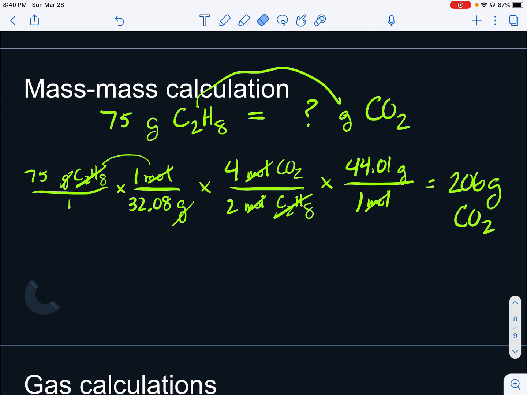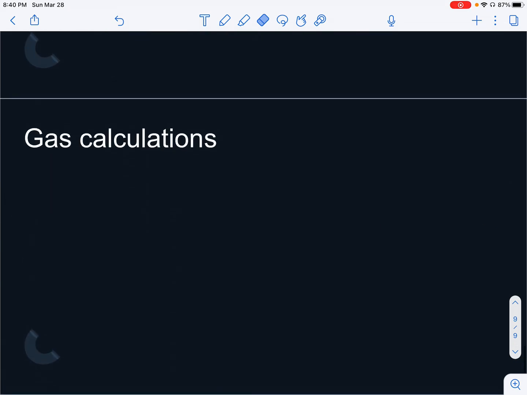So I have an answer that's a little bit more than twice as much of the original substance I had, ethane. So caught myself there. I've got scribbles on my notes paper that I'm working with here, and sometimes even I can't read them. But so 75 grams of ethane will produce 206 grams of carbon dioxide after combustion.